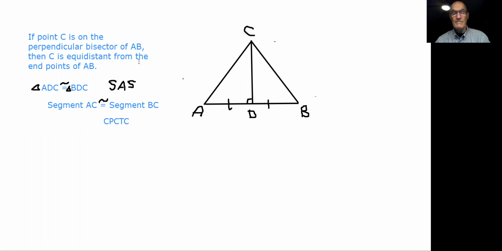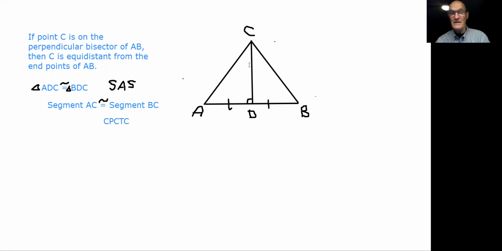So that's the perpendicular bisector theorem. What it says is, if a point is on the perpendicular bisector, then it's the same distance, or equidistant, from the two endpoints of the segment. Now, the converse of that says if the point is equidistant from the two endpoints, then it is on the perpendicular bisector. Now, there are a couple of types of problems you can get here.